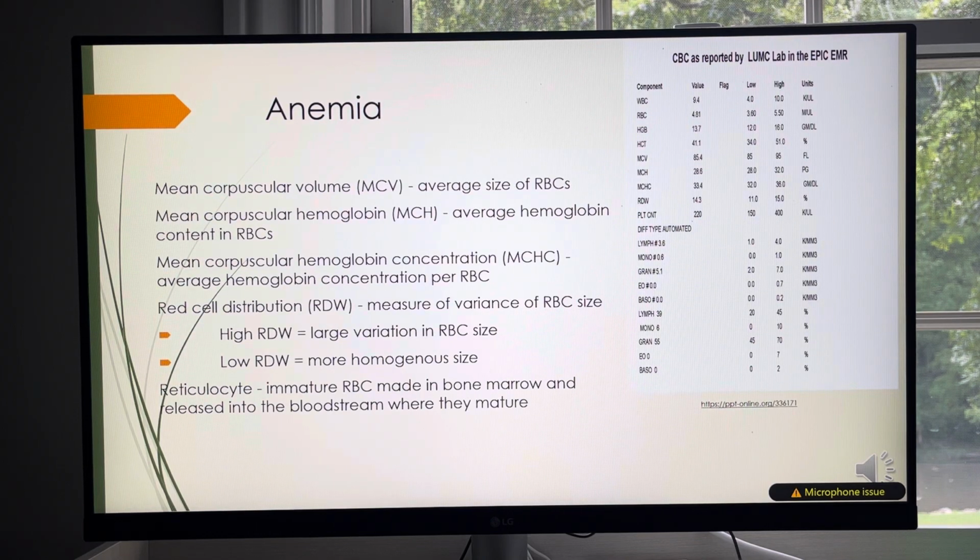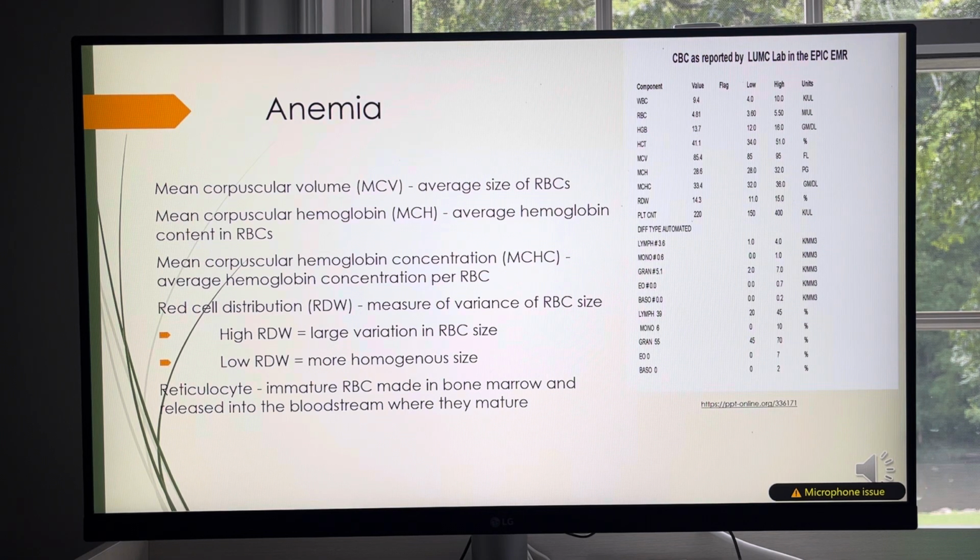All right, let's further interpret our CBC. So the MCV, the mean corpuscular volume, is the average size of the red blood cells. What's the difference between the MCH and the MCHC? Well, number one, you will probably never use the MCH because the MCHC is so much more informative. The mean corpuscular hemoglobin, the MCH, is the average hemoglobin content within all of the red blood cells.